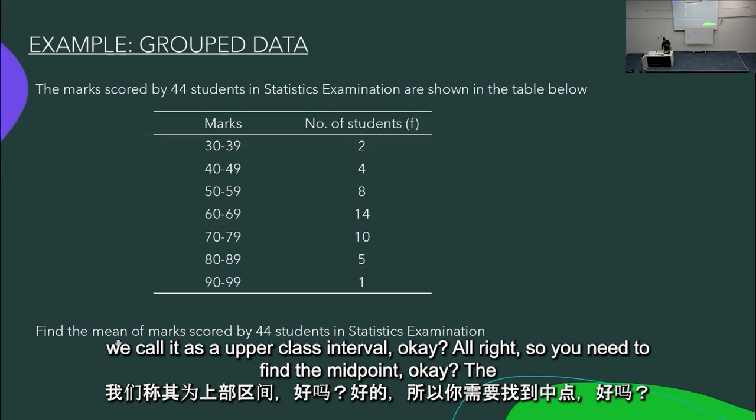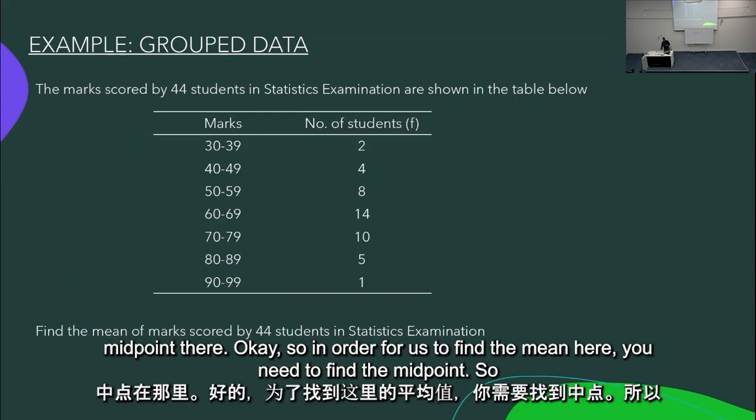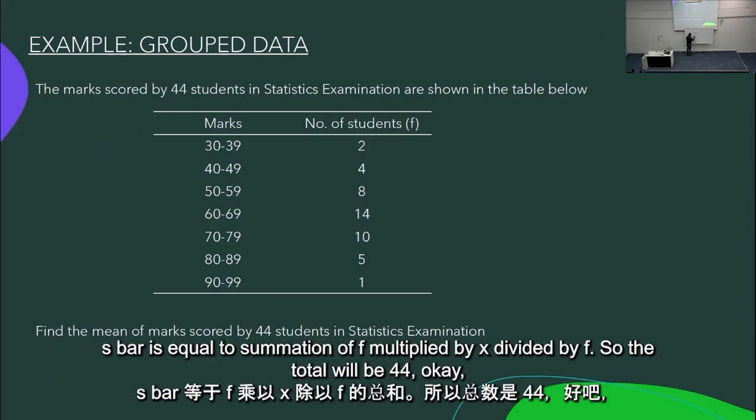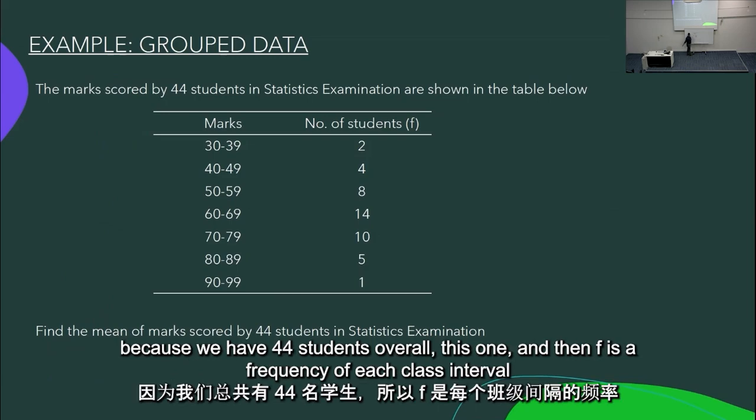So you need to find the midpoint. In order to find the mean here, you need to find the midpoint. So x bar is equal to the summation of f multiplied by x, divided by the summation of f. The total will be 44, because we have 44 students overall.